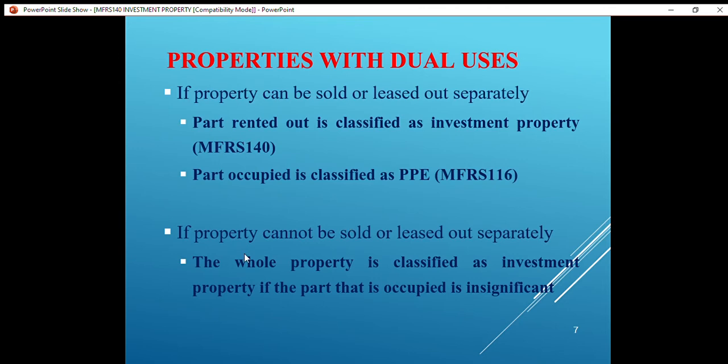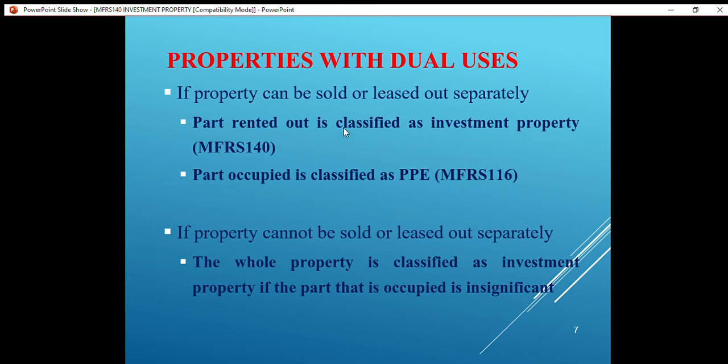All right. So for the first situation, if the property can be sold or leased out separately, that means if each floor of the building or each story of the building can be sold or rented out to the third party separately, the part that is rented out can be classified as investment property.